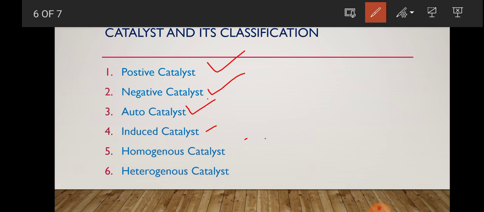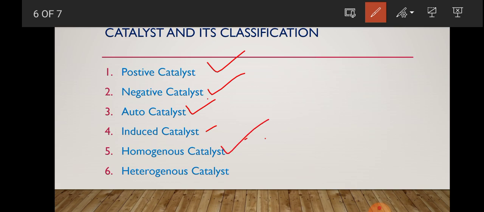Now, homogeneous catalyst. If the catalyst and reactants in a chemical reaction are in the same physical state or phase, then the catalyst is called a homogeneous catalyst.